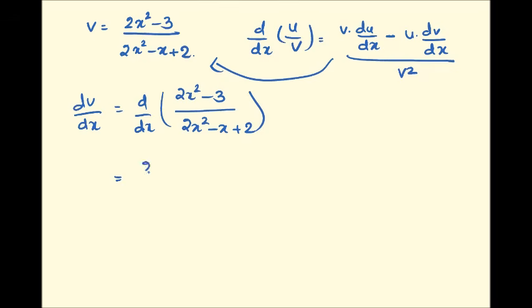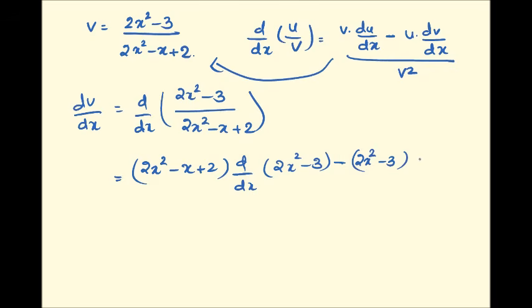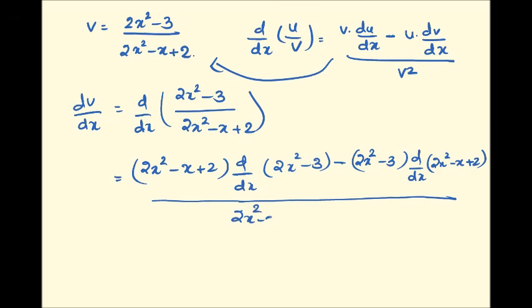v, this 2x square minus x plus 2 into d by dx of 2x square minus 3, minus 2x square minus 3 into d by dx of 2x square minus x plus 2, the whole divided by 2x square minus x plus 2 the whole square.